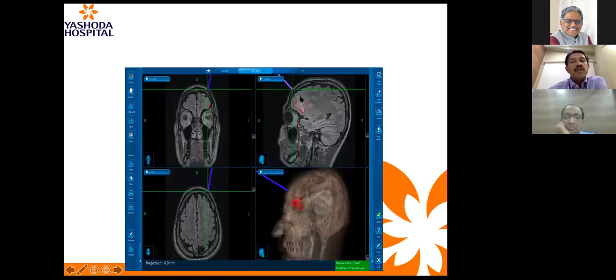Now, fiber tracking can also be useful in planning your surgery. So we know that if you go perpendicular to the fibers, you have maximum damage. If you go parallel to them, you are likely to have less damage. So we plan craniotomies to enter into, say, a frontal location by planning the trajectory so that you go parallel to the fronto-occipital fasciculus, the SFOF or the IFOF if you're coming inferiorly.